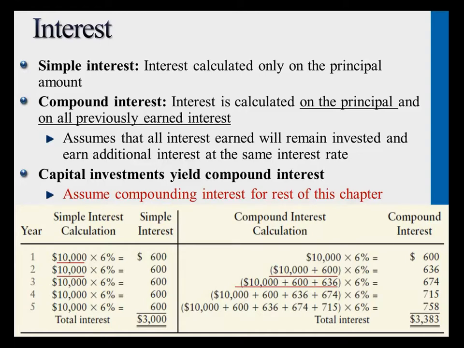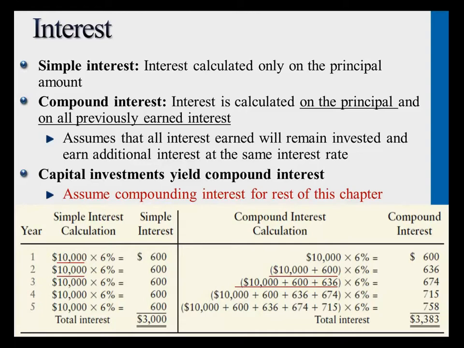Let's look at just the first couple of lines. The first one is simple interest. We take $10,000, and at 6%, the simple interest is $600. For the second year, $10,000 at 6%, we're still earning $600. But now let's look at the compound.